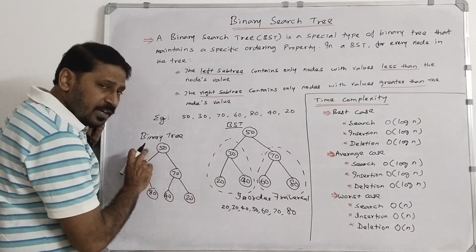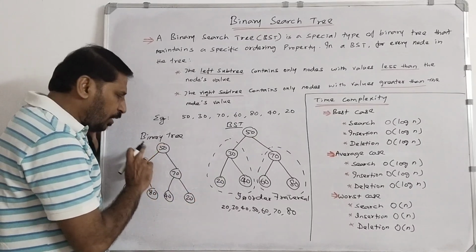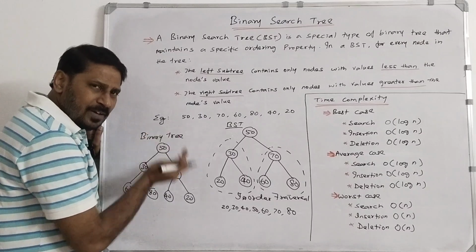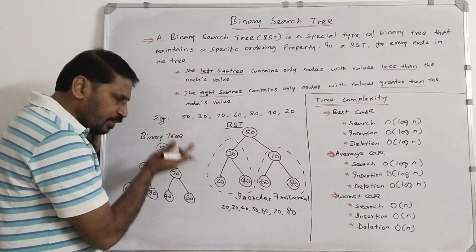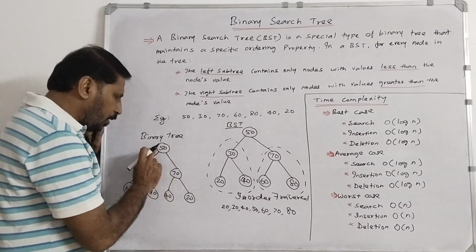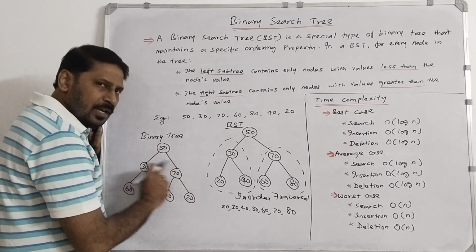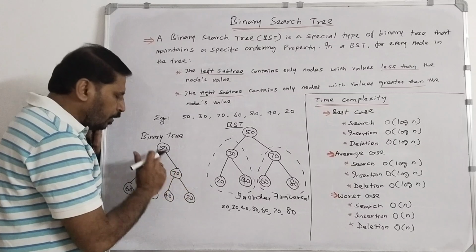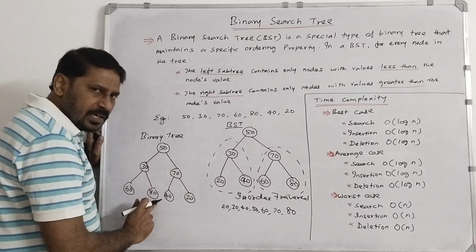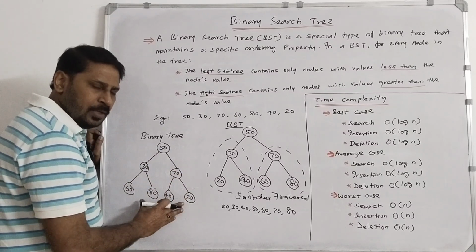So this is what a binary tree is. In a binary tree, we are filling the nodes level by level. So it is level 0. Starting from level 0, we fill two values, left child, right child. And we take the next level, left child, right child. We won't bother about the value here.